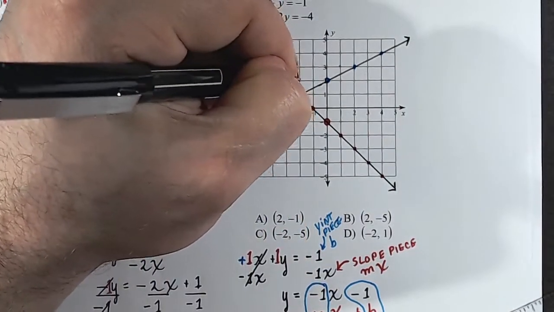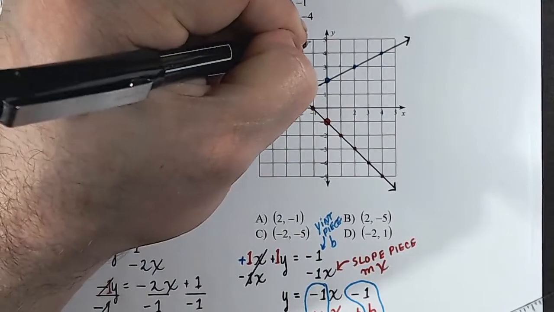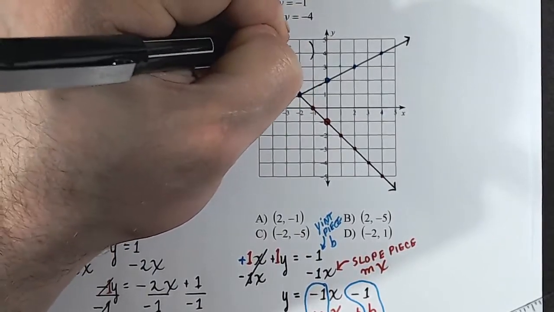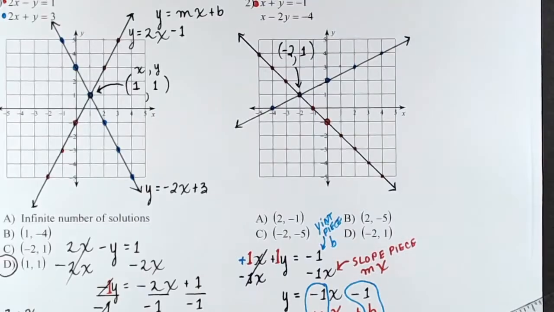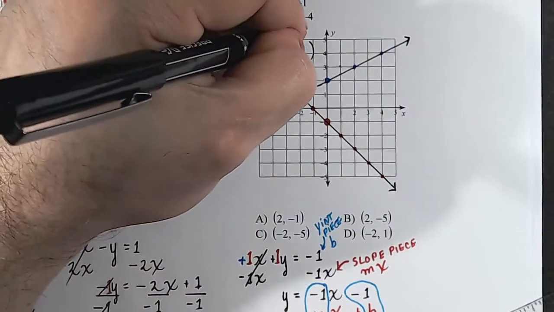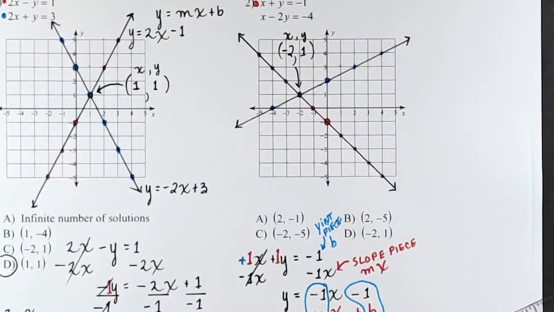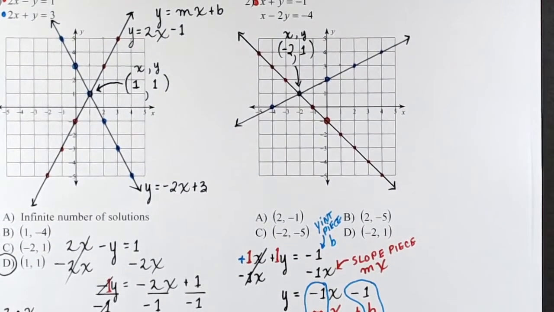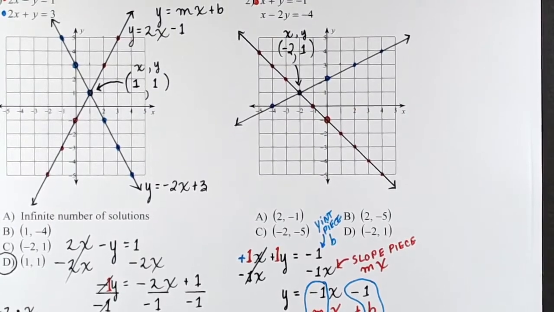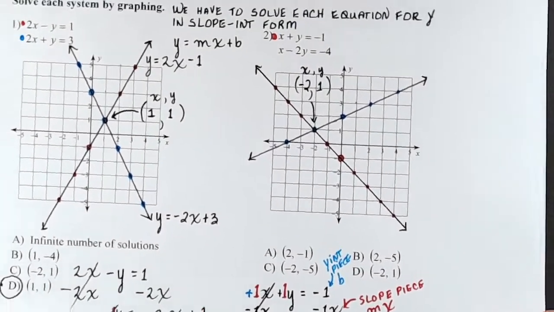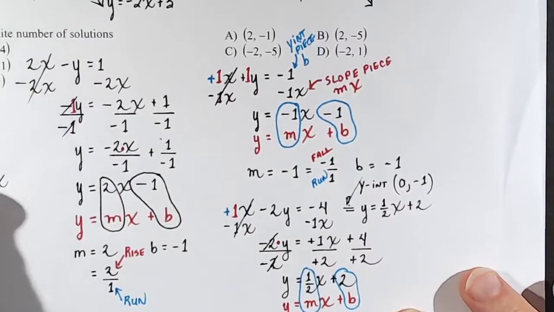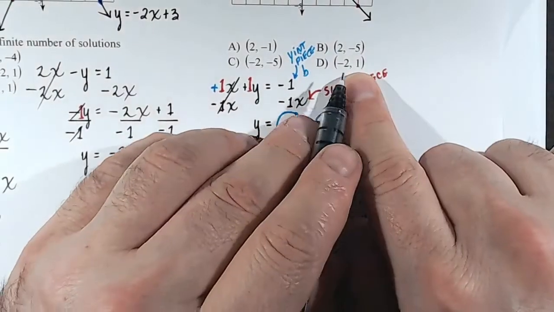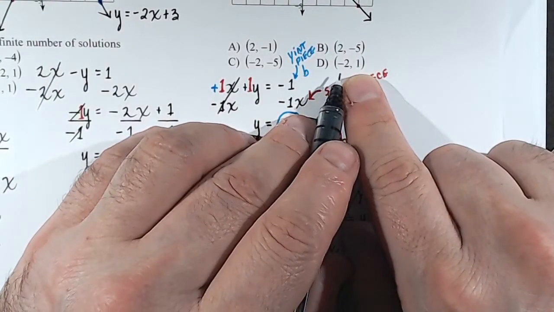All right, so the place where they intersect is at negative 2, 1, x, y. And that's the solution to the system. X is negative 2 and y is 1. So let's go down and look at our answer choices. There it is, D, negative 2, 1.